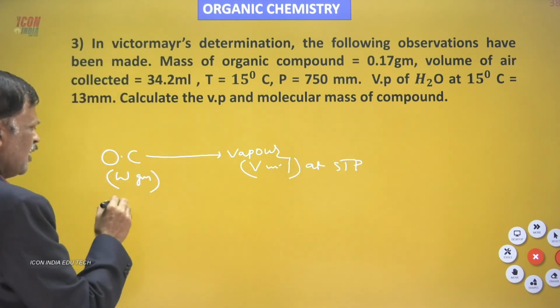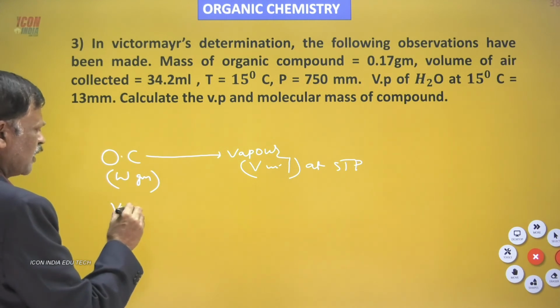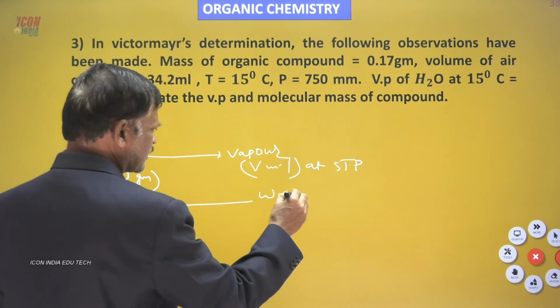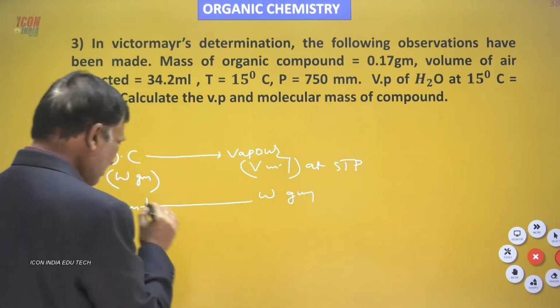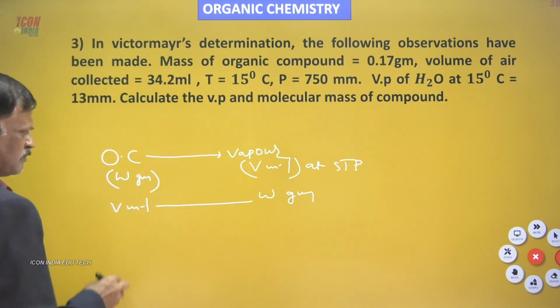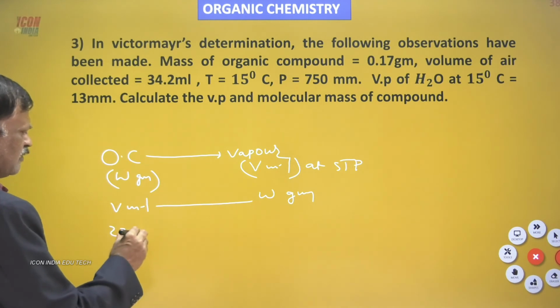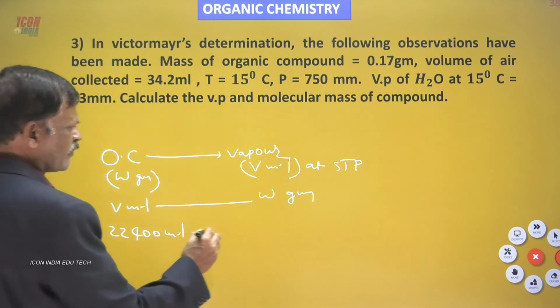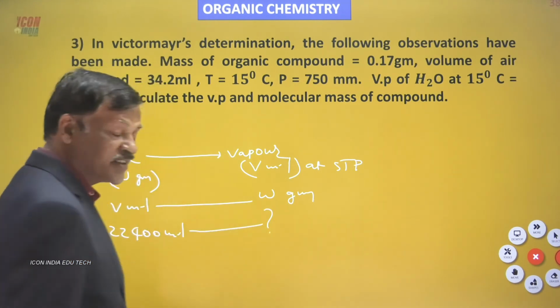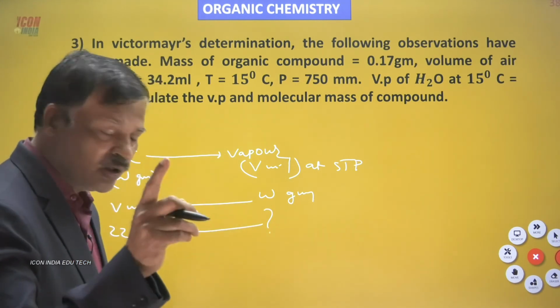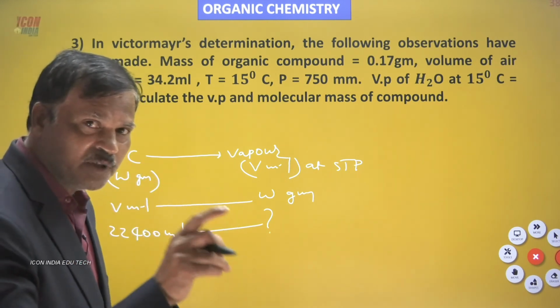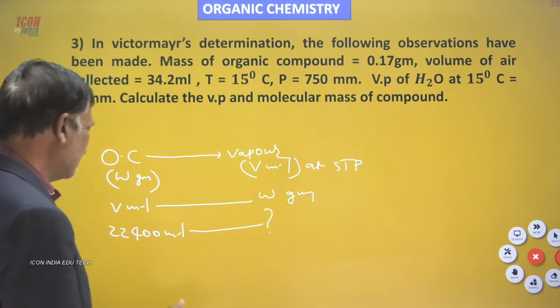First see this one. V mL of organic vapor, its mass is W grams. If V mL weighs W grams, how many grams does 22,400 mL weigh? Because at STP, 1 mole occupies 22,400 mL. 1 mole means 1 gram molecular weight.